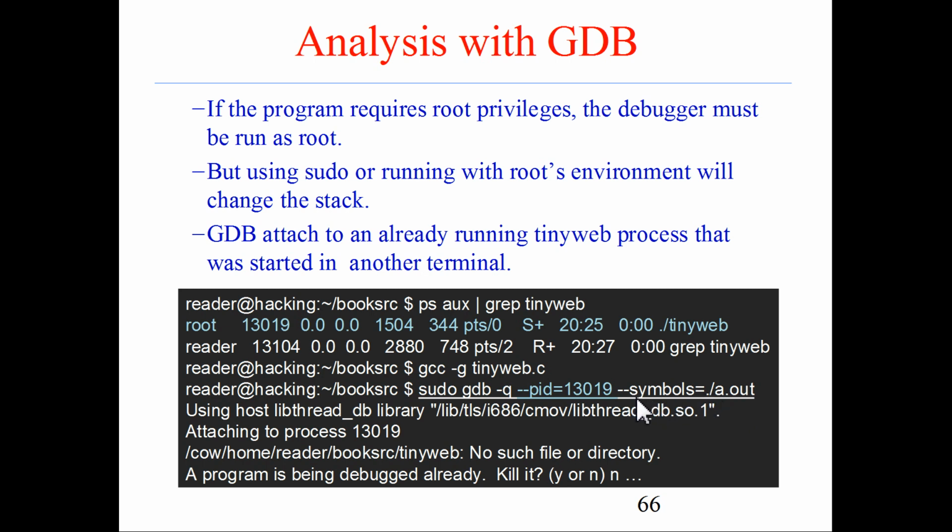We haven't talked a lot about symbols. Symbols are things in source code that make it readable for humans. For instance, when you're using a variable, int x equals 5, when it gets compiled, the variable name doesn't get translated into the binary. So you lose that symbol, you lose that information.